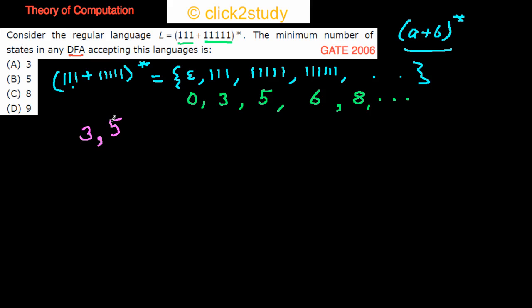These two are definitely possible, and you also get the empty string, so 0 ones. When you combine 3 with 3, you get 6 ones. You can combine 3 with 5 to get 8 concatenated ones. You can combine 5 with itself to get 10 concatenated ones.